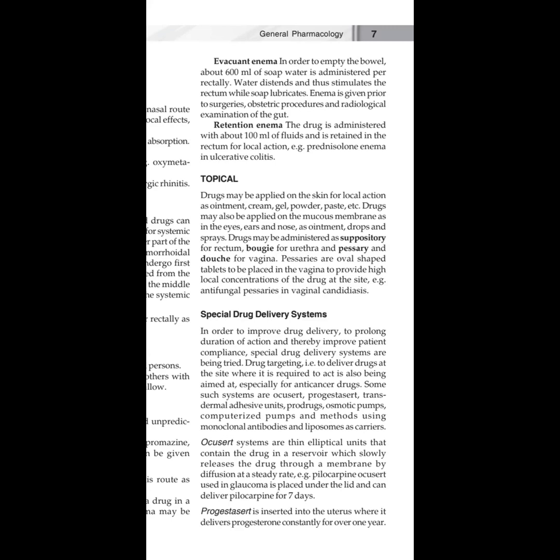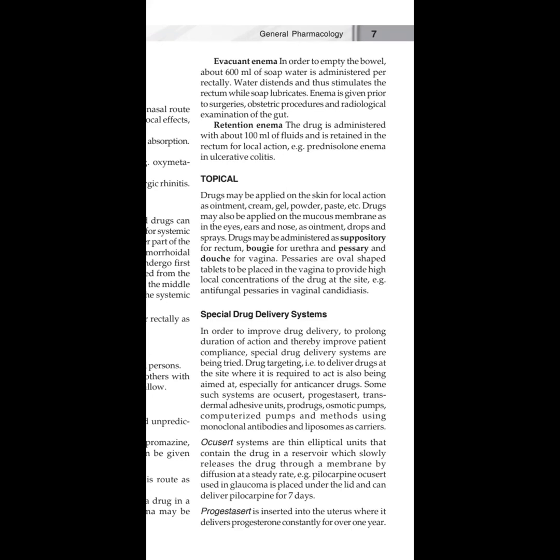Drugs may also be applied on the mucosal membrane as in the eye, ears and nose as ointment, drop and spray. Drugs can be administered as suppository for rectum, bougie for urethra, and pessary and douche for vagina. These are the areas where we can apply some normal drugs and expect them to get absorbed.